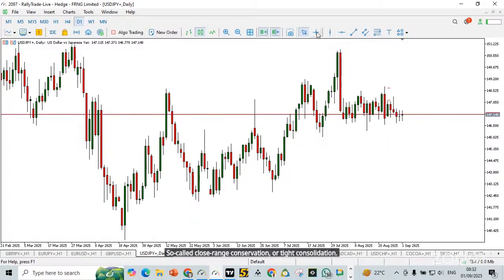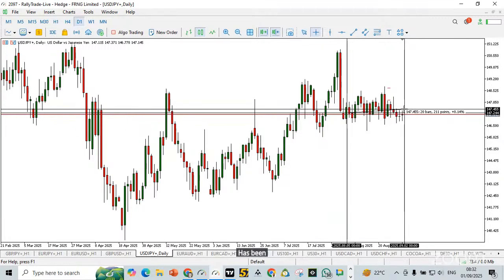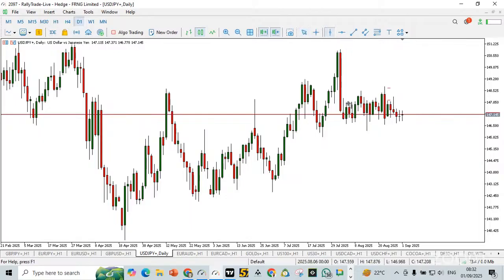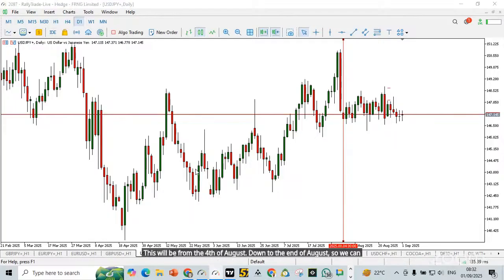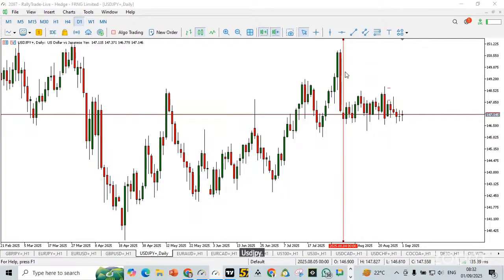So USD JPY on the daily time frame has been consolidating from here, from the 4th of August down to the end of August. So we can say that for the major part of August, USD JPY consolidated.